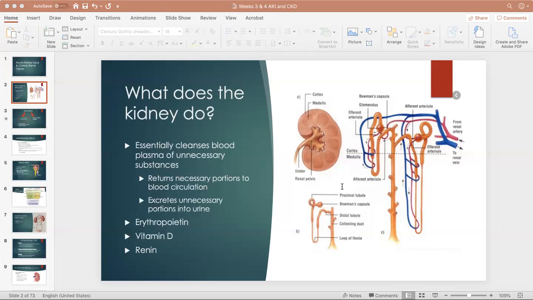Sorry. But the other thing is that this part is also partly responsible for your acid-base balance in your body, right? Because I talked about how part of what's coming out of the capillaries and into these tubules is hydrogen ions. And as you know from your acid-base balance, that has a huge impact on your body's acidity.